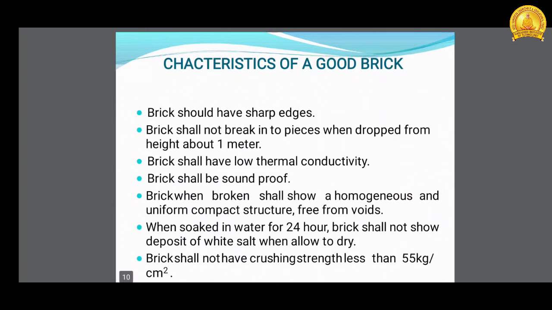Next topic is characteristics of a good brick. Brick should have sharp edges, and shall not break into pieces when dropped from a height of 1 meter. Brick shall have low thermal conductivity. Brick shall be soundproof.